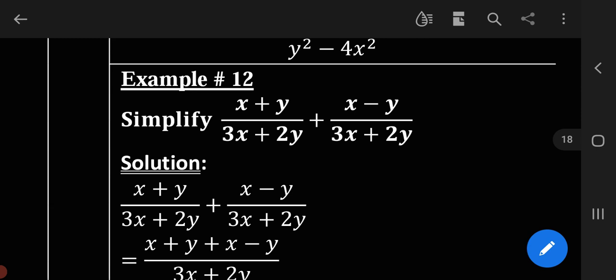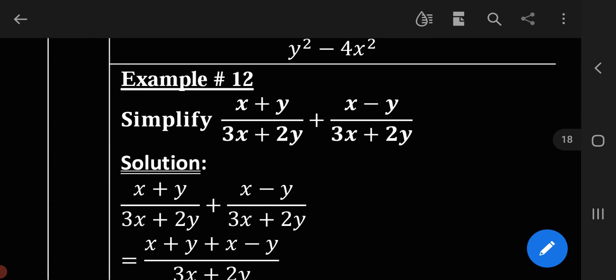The left side algebraic fraction should be written as it is, but the right side should be written in reciprocal form, and the division will be converted into multiplication.